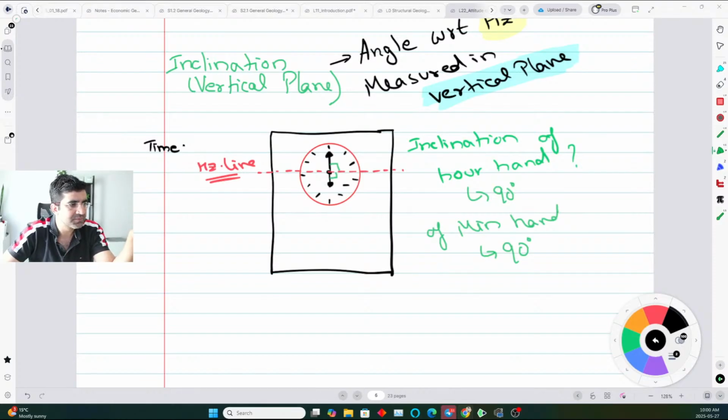Sorry, is azimuth similar to bearing? Devashish, can you be a bit louder? I'm having trouble hearing you. Is azimuth similar to bearing or not? Yes, you can think of azimuth as the value of the bearing.